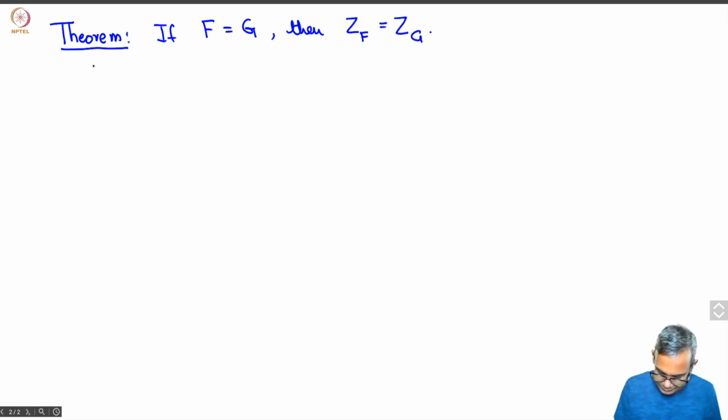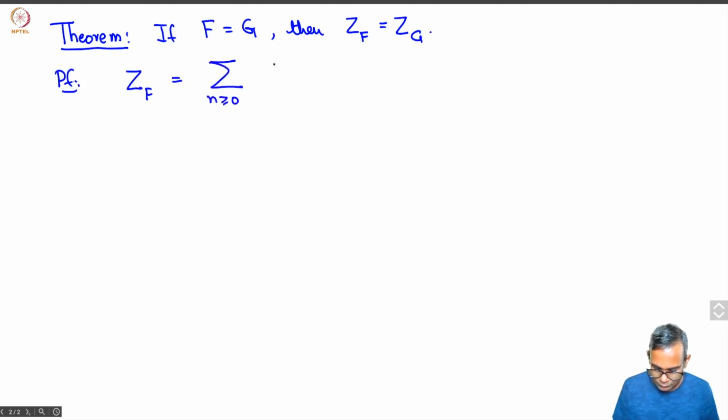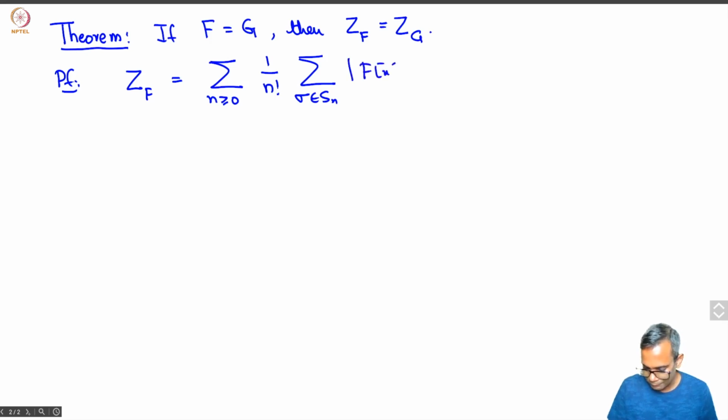And the proof is, well, not very difficult. You just go through the definitions. So recall that ZF is just the sum over n greater than or equal to 0 of 1 over n factorial, summation over sigma in Sn. And then we have to take the fixed points of Fn under F sigma, count those, and then we have the product of xi to the power sigma i.